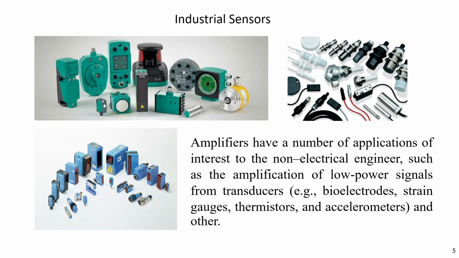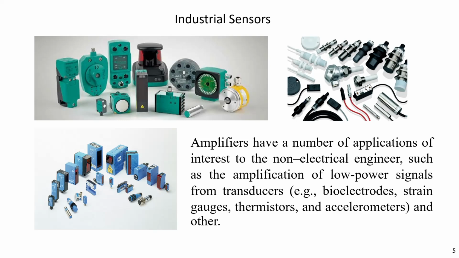Okay, and we also use this in many industrial devices, for example, the sensor. The sensor may measure strain, temperature, pressure or anything into an electrical signal, right? And we get a very low signal, and we need to transmit it and send it to our controller.